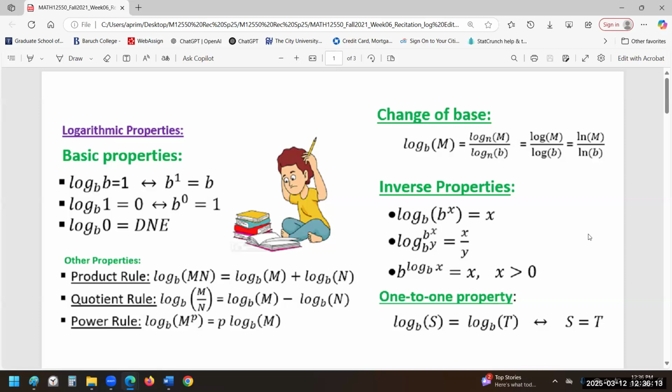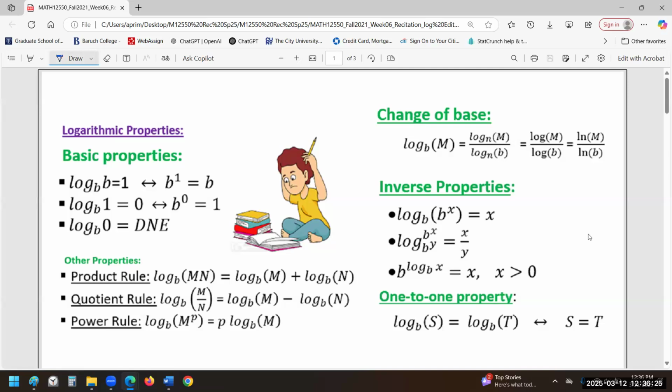So log has 3 things. Whatever we have on the leg of the log, we call them base.